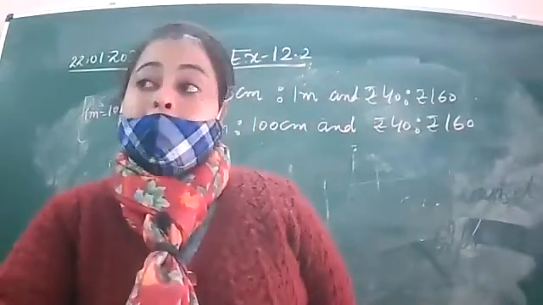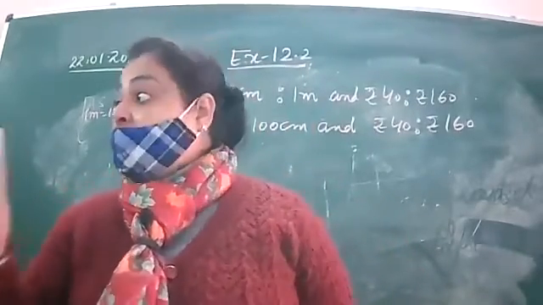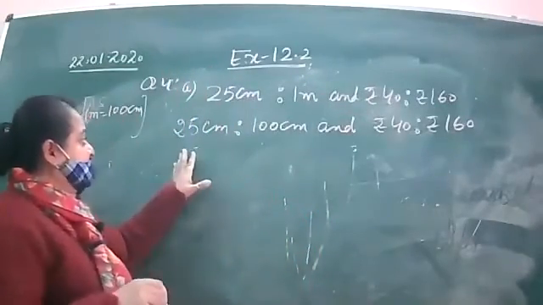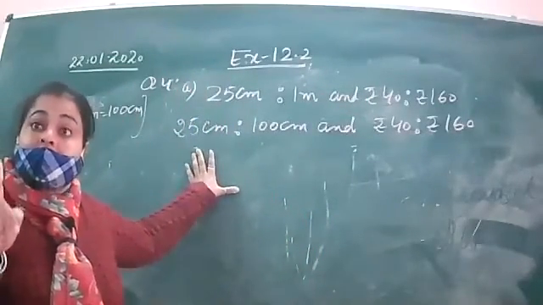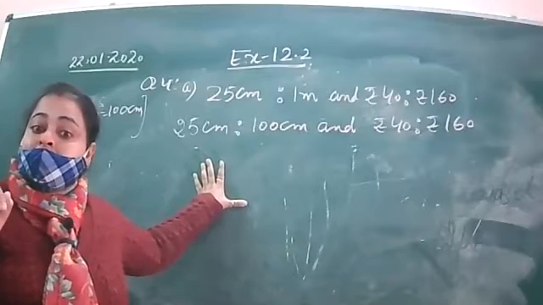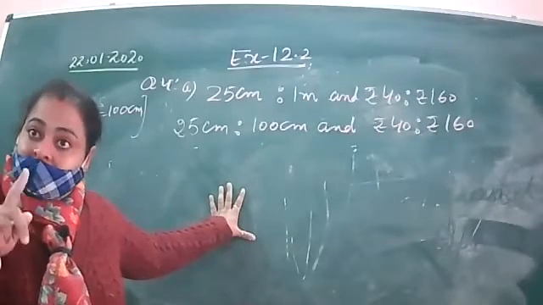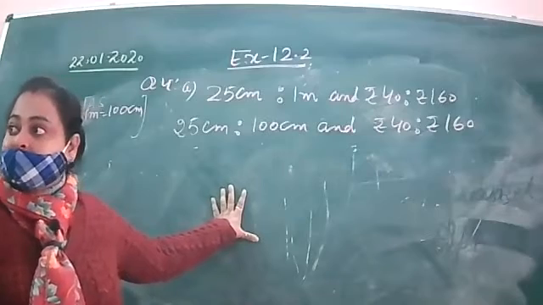To solve the sum based on proportion, we have two methods. So the first method is to apply the formula: product of extreme terms is equal to the product of middle terms. This is the first method.